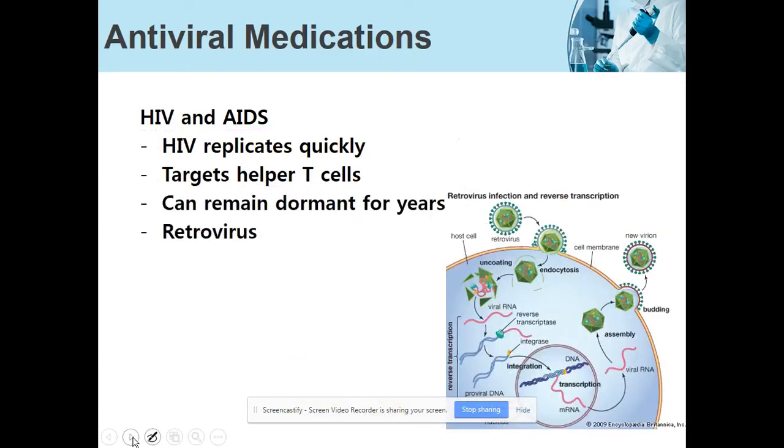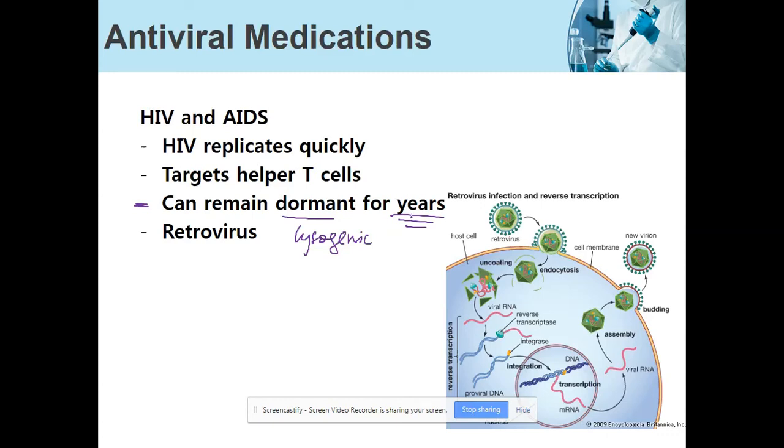Big problem. Other things that make HIV particularly challenging: it can remain dormant in that lysogenic cycle for years and years, like up to 10 years, which means that people are HIV positive but not symptomatic.